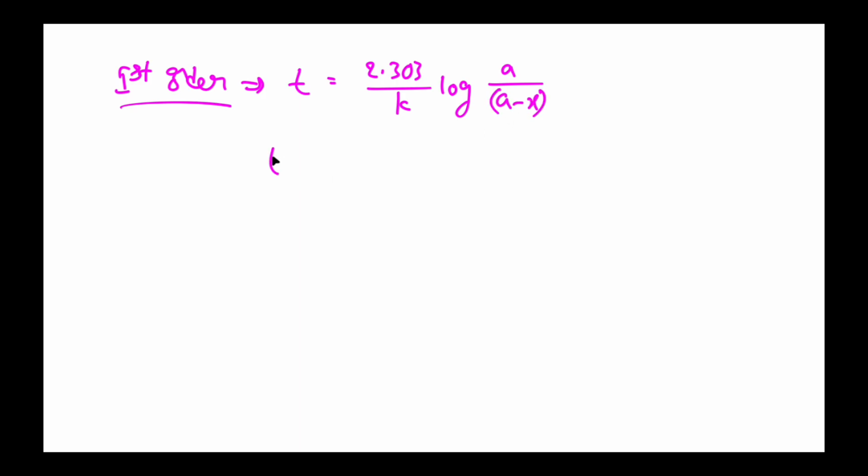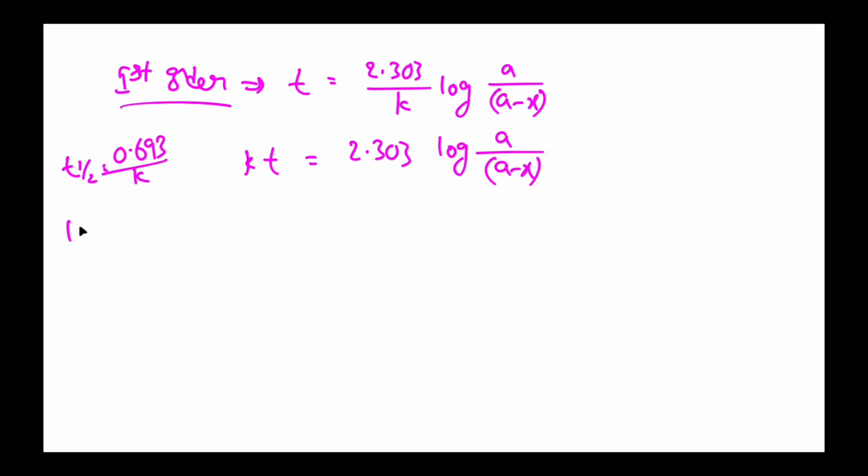This we can write as KT is equal to 2.303 log A by A minus X. We also know for a first order reaction, T half is equal to 0.693 by K. From that, K is equal to 0.693 by T half.